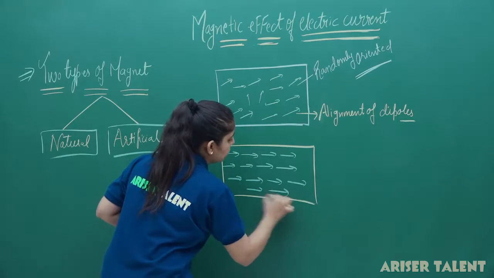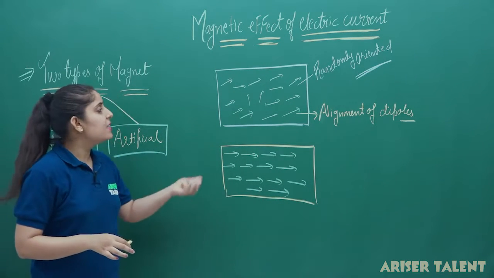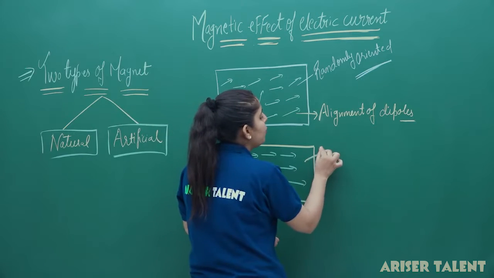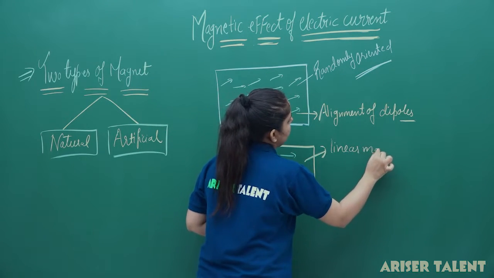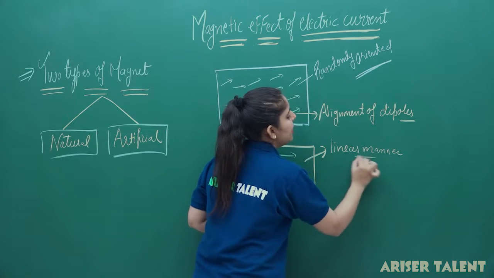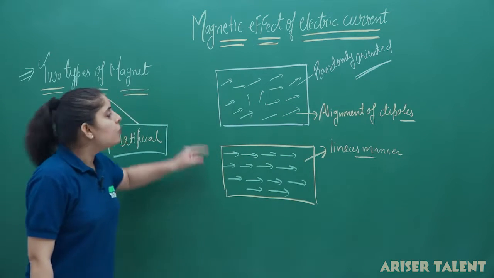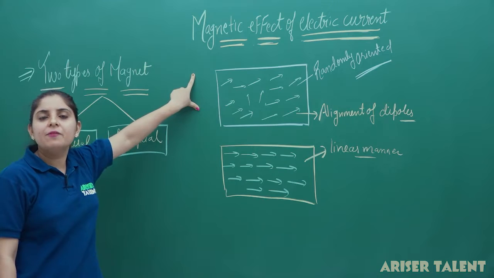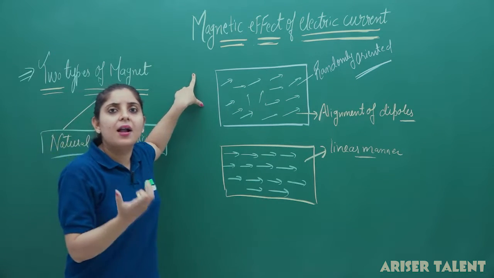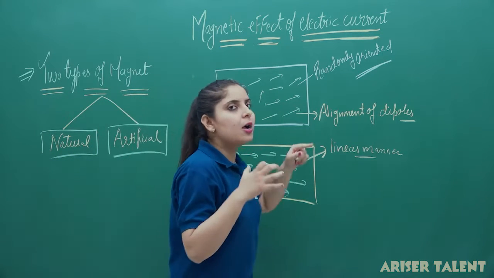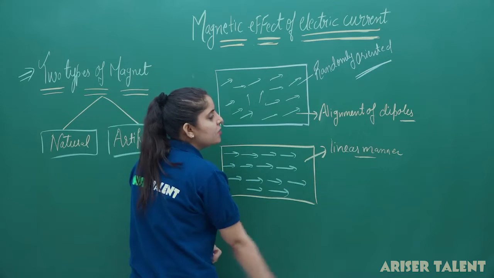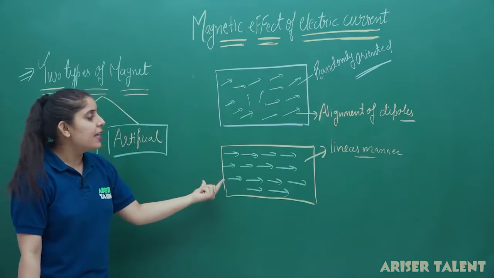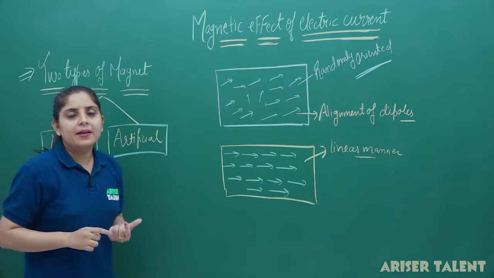You can see that this is the alignment of magnetic dipoles in a linear manner, or in a systematic manner. So this is the case of the natural magnet, and we have designed the artificial magnet by using good quality alloys to get the alignment like this. This is our artificial magnet.